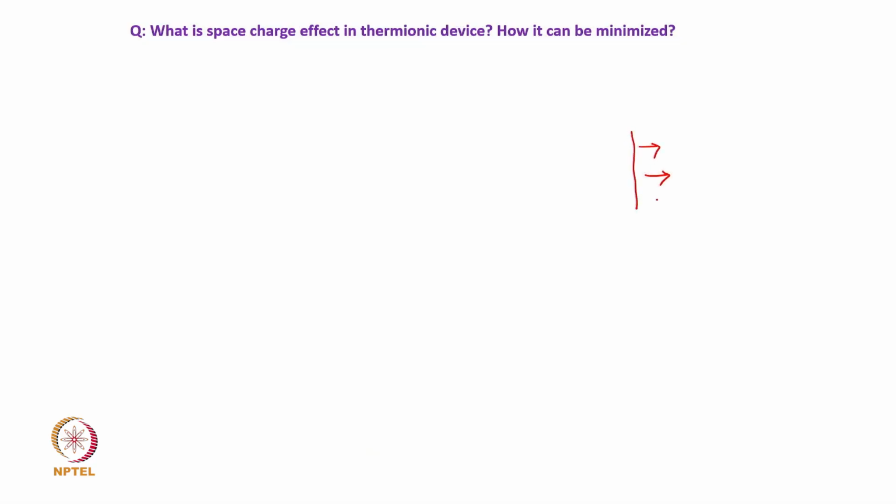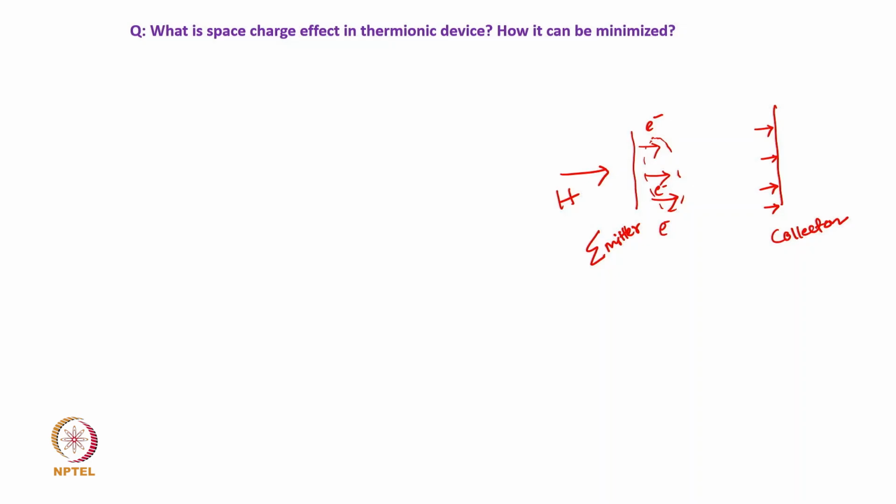When electrons are emitted from the emitter and collected in the collector, a space charge, that is a sheath of electrons, can be generated in the space here.